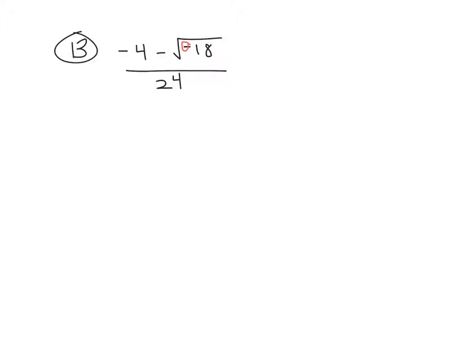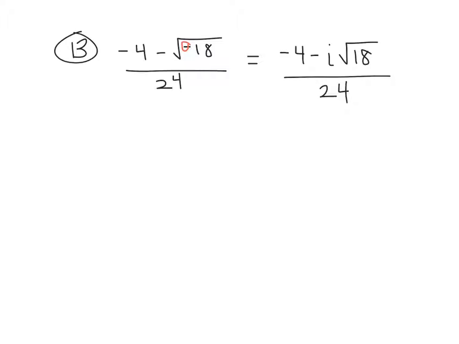And remember, we want to get rid of the negatives underneath the square root. And to do that, we're just going to write an i on the outside of the square root. So this problem becomes negative 4 minus i times the square root of positive 18, and this is all over 24.